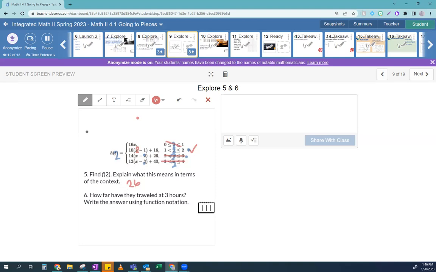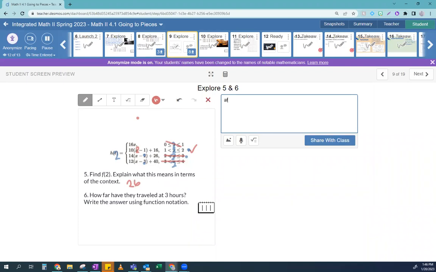Okay. Now going back to the context of them riding a bike, f of 2, what does 2 mean in this context? 2 is the number of hours. Good. What's 26 then? Yeah, it's the number of miles. Very good.